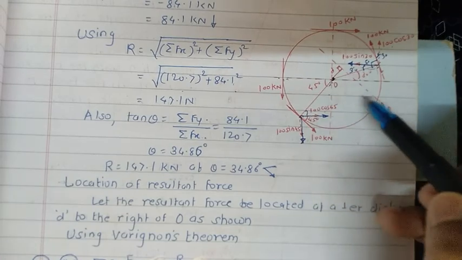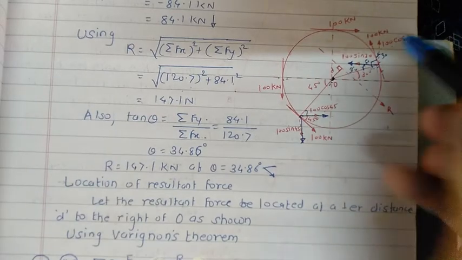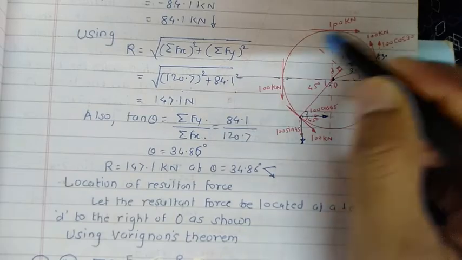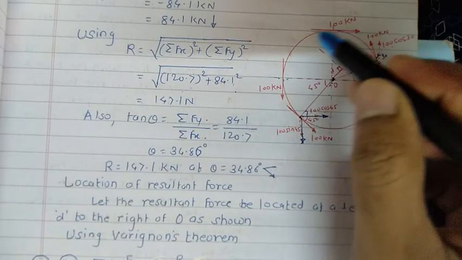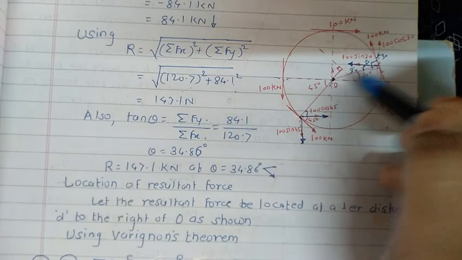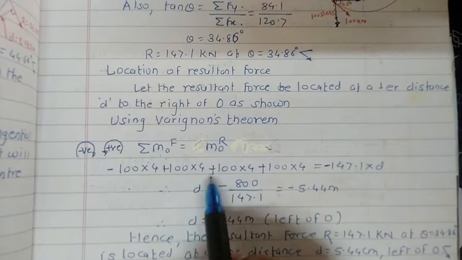You can take the advantage of this in the case of circle only. For anti-clockwise, give the plus sign. The distance here is 4 centimeter, so 100 multiplied by 4 will come.